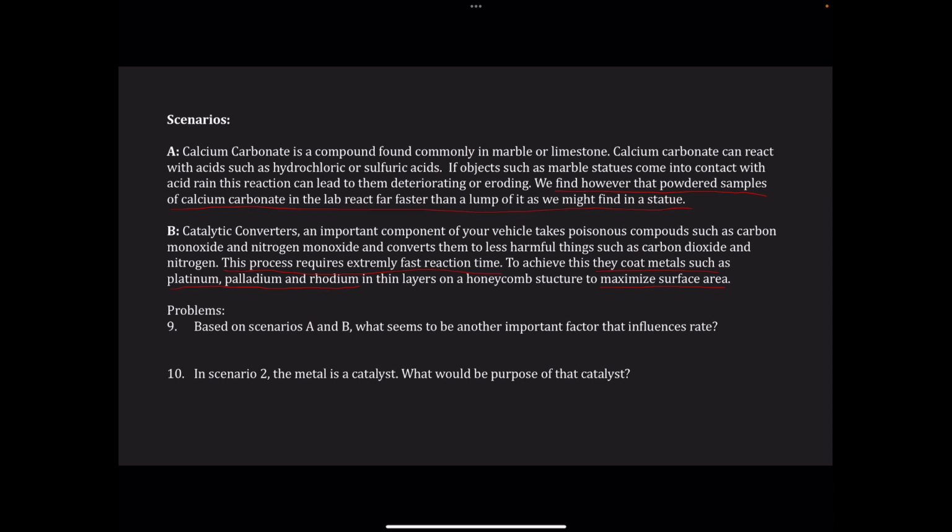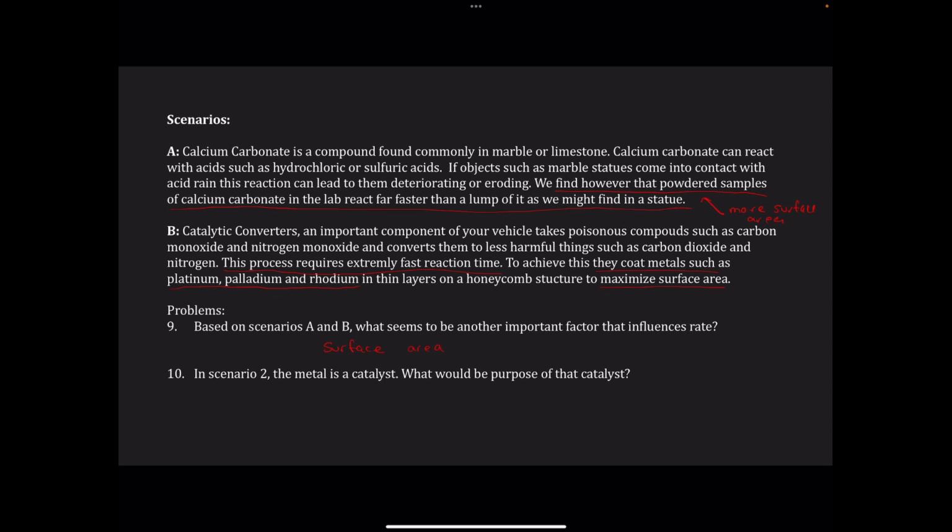If I'm comparing a powder to a lump, powder has more surface area, more points of contact. So what we're going to find is that it is going to be surface area that has an impact on rate. So this becomes important if we're talking about reactions of solid materials.